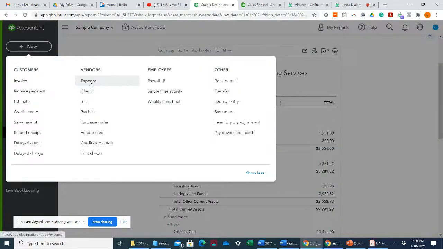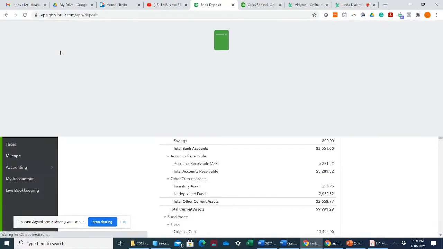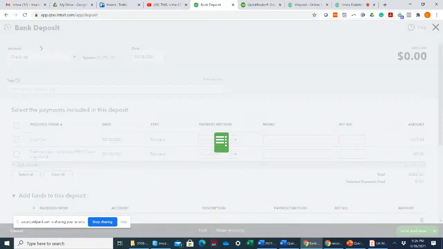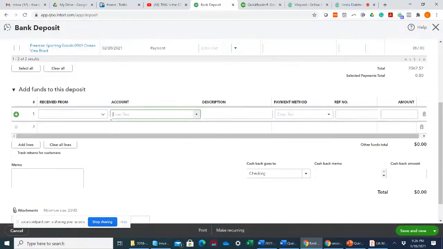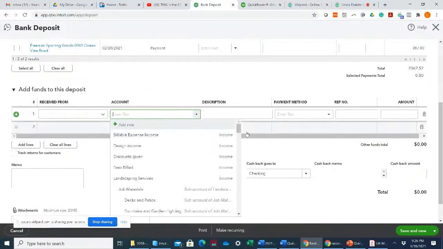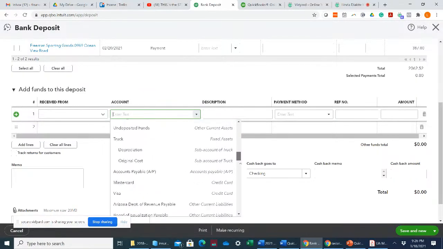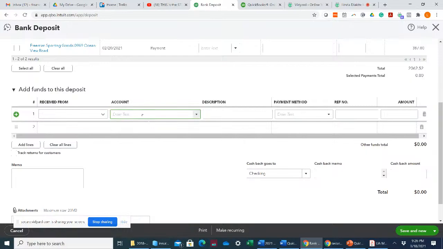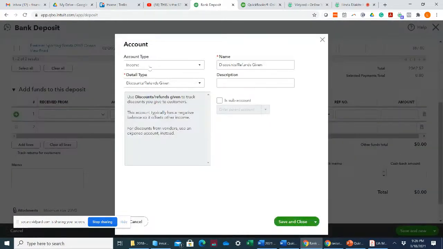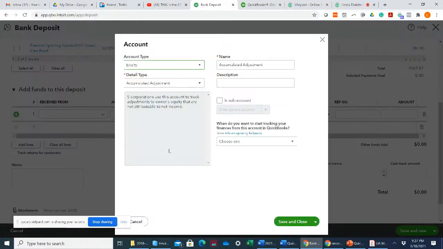I'm going to create a transaction. I'm going to pretend that the owner has deposited money. So it looks like they don't even have an owner's investment account, so I'm going to create one now. Okay. So account type, I'm going to go equity.